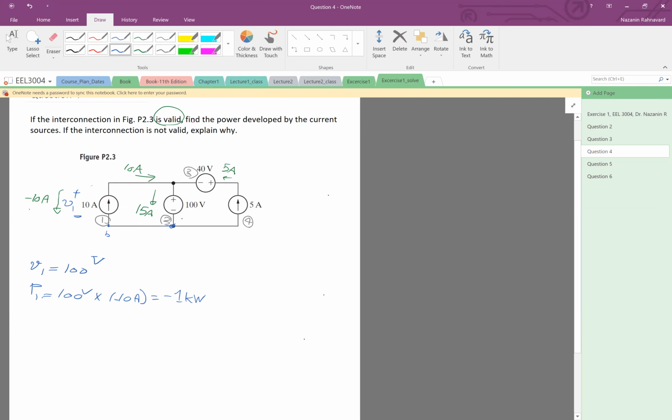Now the second element, this one. Okay, I know the voltage, so P2. Again, I look at the plus minus of 100 volts times the current that is going within the element, which is exactly the same direction as I had before, which is 15 amp.